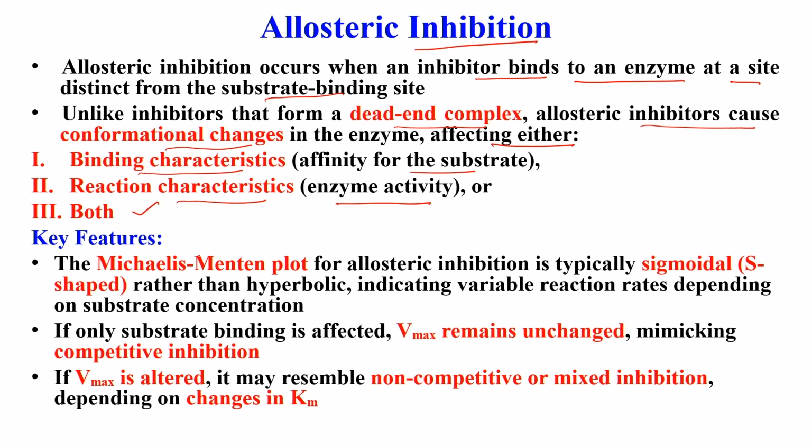Now, what are the key features of allosteric inhibition? Here again you can still do the Michaelis-Menten plot for allosteric inhibition, but you are going to see a sigmoidal shape curve rather than a hyperbolic curve, which indicates the variation in the reaction rate depending on the substrate concentration.